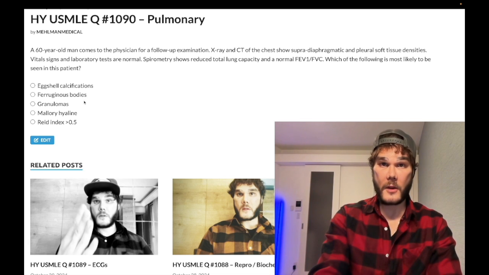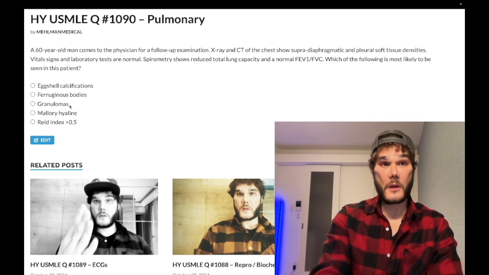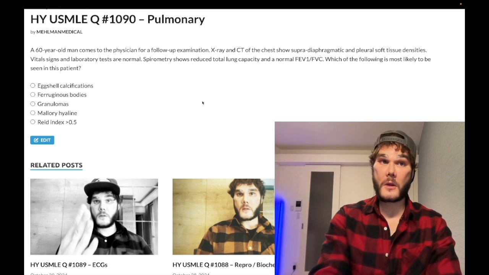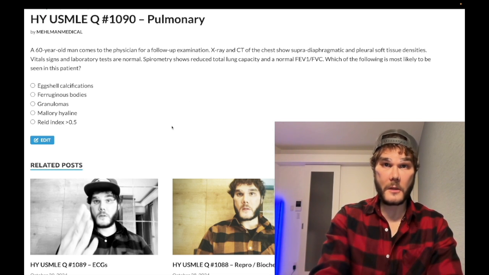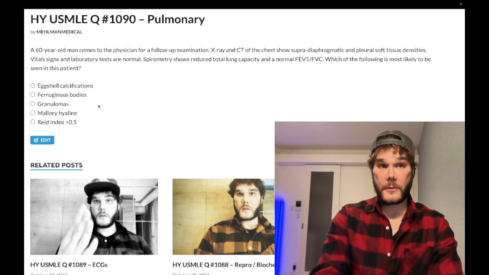Let's just hop through the other answer choices here. Granulomas, wrong answer. So caseating granulomas can be tuberculosis. Non-caseating granulomas can be berylliosis, sarcoidosis. Okay, so they can give you a big paragraph, tell you there's no granulomatous inflammation, then you can eliminate berylliosis and sarcoidosis. So berylliosis, a pneumoconiosis, is associated with patients who worked in the aeronautical industry, airplanes, spaceships, and it can be granulomatous.